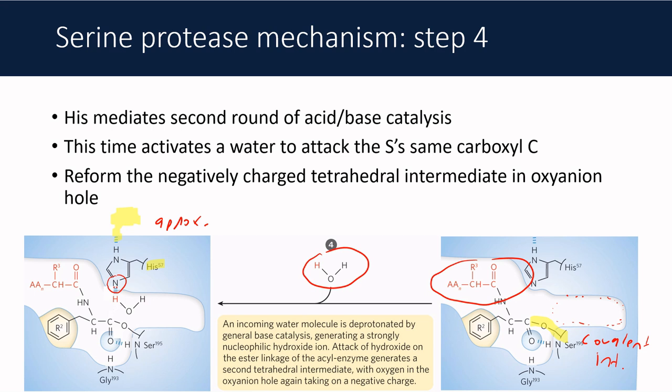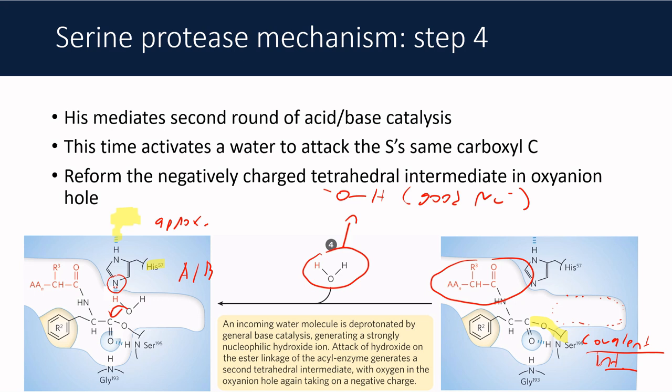Which is to say, we're going to then facilitate acid-base catalysis. That is going to convert water, which is a terrible nucleophile, into hydroxide, which is a good nucleophile. And now that we have a good nucleophile, this can attack the electrophilic ester carbon of our covalent intermediate.